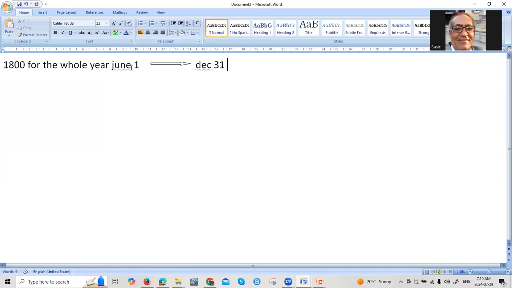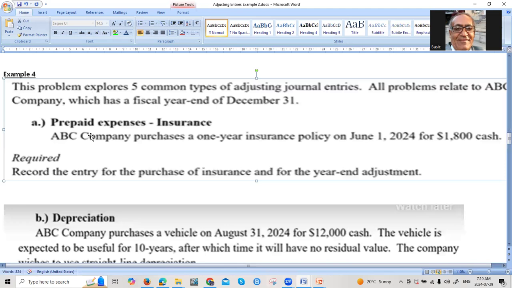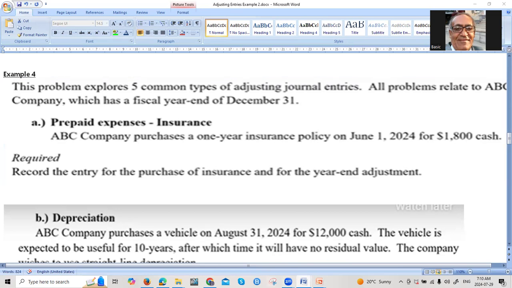So how many months do I spend here? Let's go back to the example. The example says ABC company purchased a 1-year insurance policy from June 1 till December 31. This is for $1,800. Perfect.